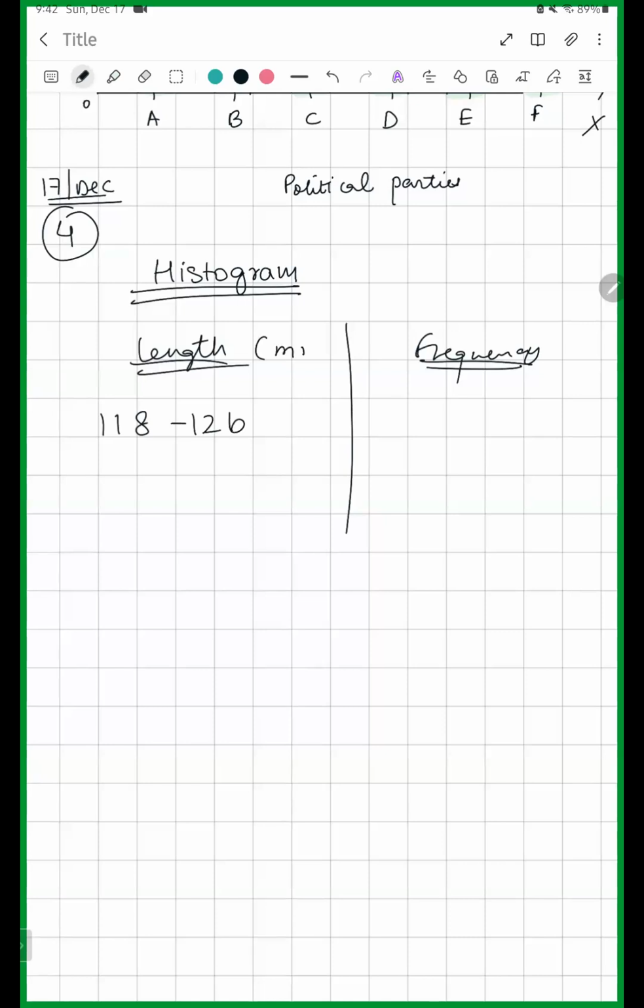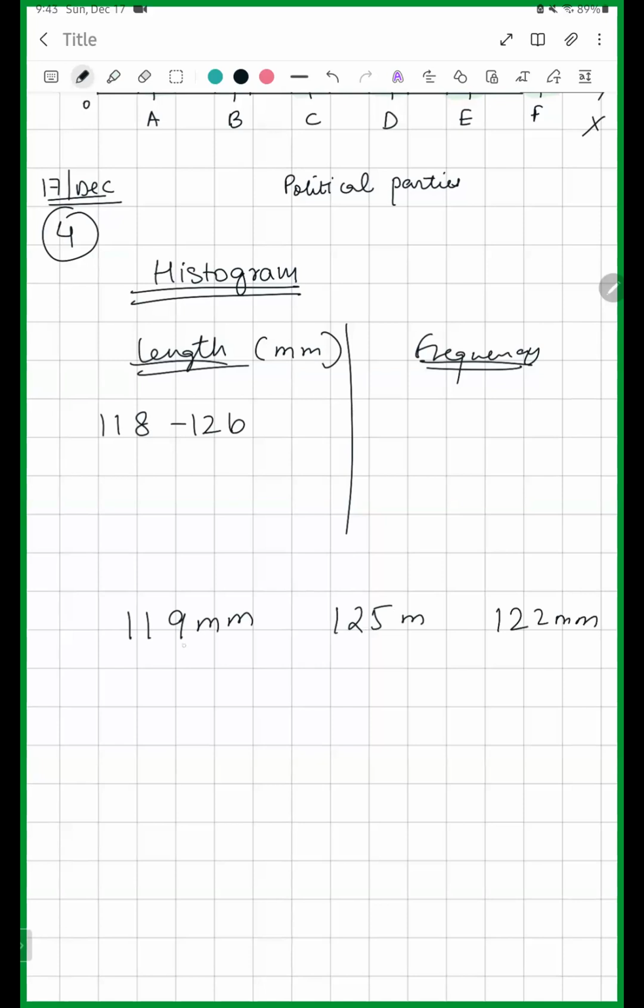Let's say one leaf's length is 119 millimeters, one leaf is 125 millimeters, one leaf is 122 millimeters. All of these lie in this range. If you have 126 millimeters also, that also lies in this range, because the next one is 127 to 135.